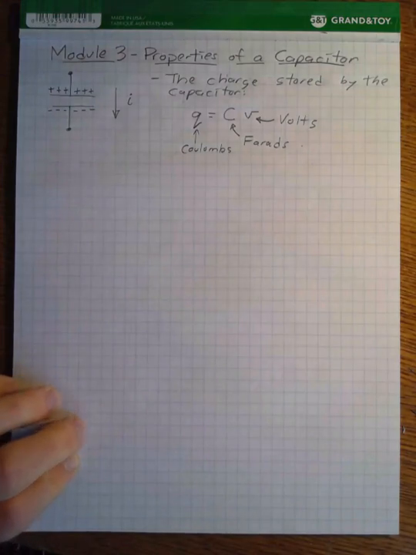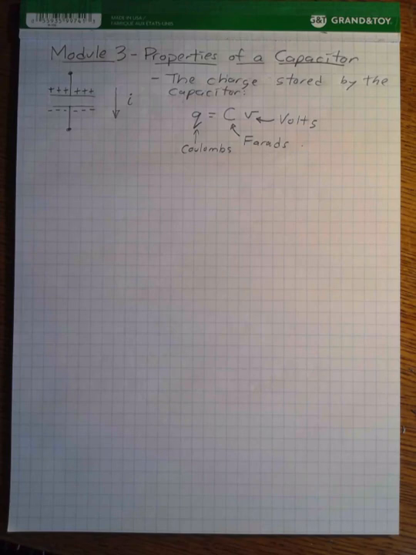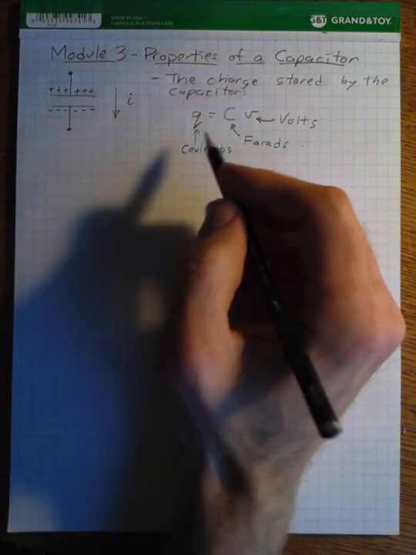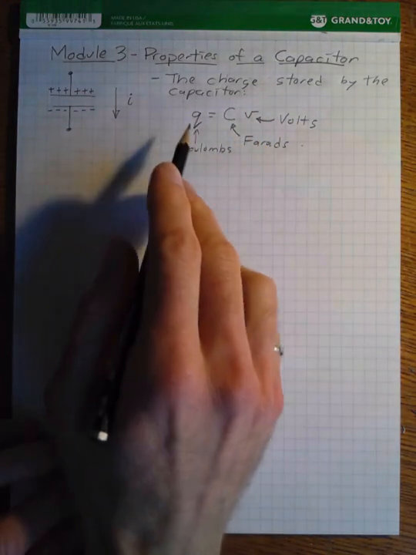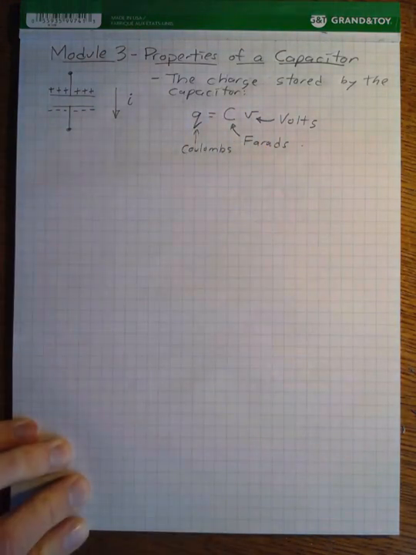We don't typically work in terms of charge and coulombs. We like to work instead in terms of current and voltage. And we know that current is the amount of charge that passes through an element per unit time. So we can convert this equation into a current equation by taking the derivative of charge with respect to time.